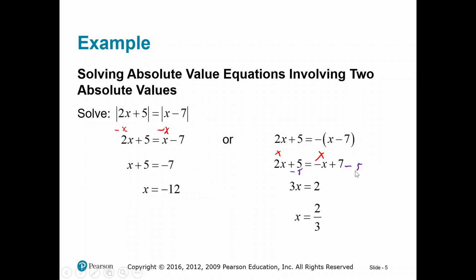So 7 minus 5 is 2. Divided by 3 then. So x is 2/3. And now we have negative 12 and 2/3 for our solutions.